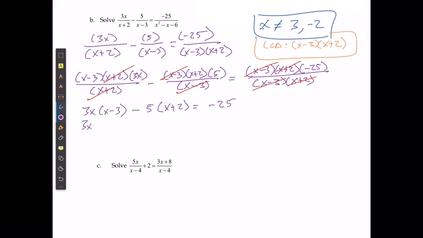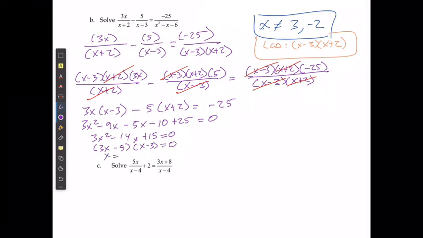Or 3x squared minus 9x minus 5x minus 10, and then when I move the 25 over, plus 25 is equal to 0. This is going to state that 3x squared minus 14x plus 15 is equal to 0, or 3x minus 5 times x minus 3 will equal 0.